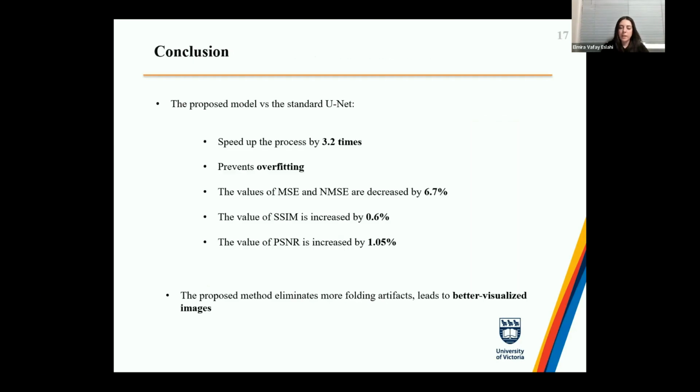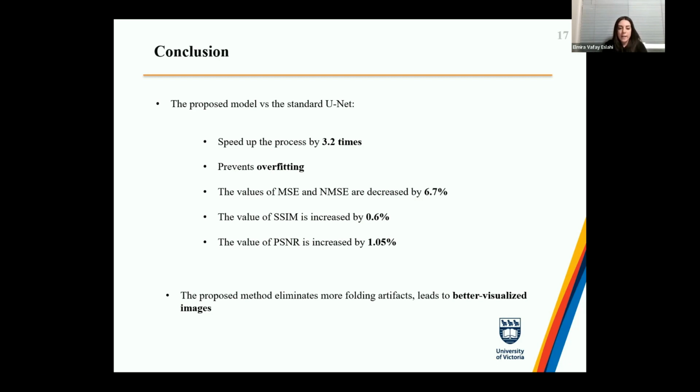So for a conclusion, I can say that if we compare the proposed model with the standard U-Net, we were able to speed up the process by 3.2 times, and integrating the Inception module with the U-Net network prevents overfitting, and the values of MSE and NMSE are decreased by 6.7%.